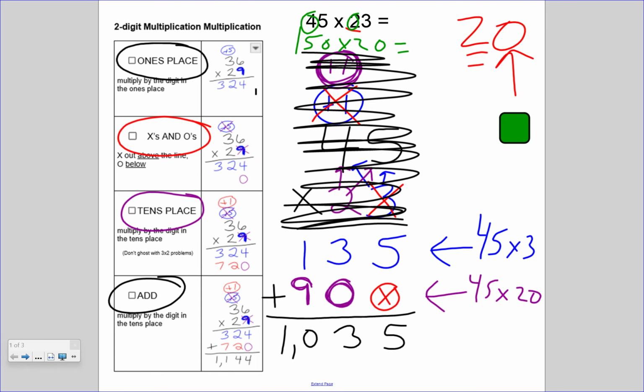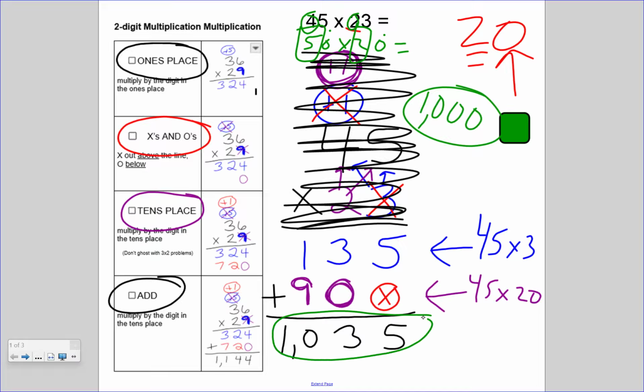And a little box and dot action, 5 times 2 is 10 with 2 zeros at the end. I know my answer should be about 1,000. And you can see I am very, very close. You can easily catch when you make a big Bob mistake because that estimate won't be anywhere near the actual.